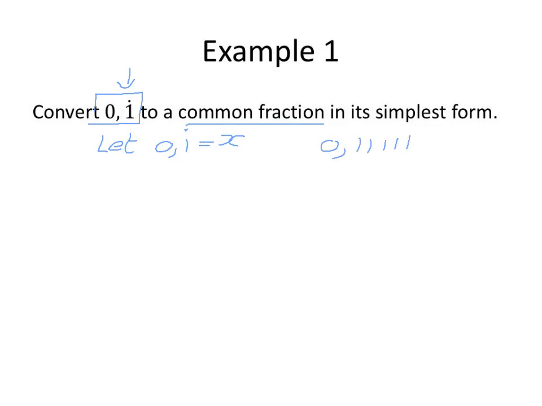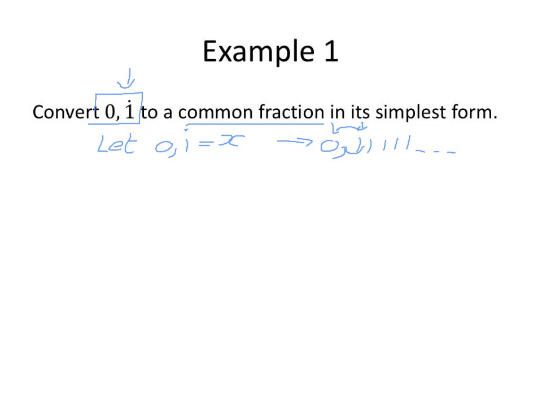Looking at what I've just written, 0,11111 on and on and on, what I want to do is get my first recurring digit, this 1 here, on this side of my comma. And to do that, to move the comma one place to the right, we simply multiply by 10.